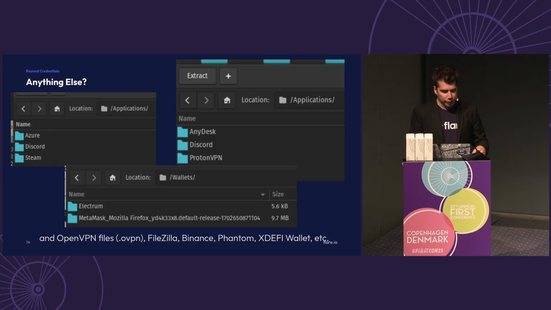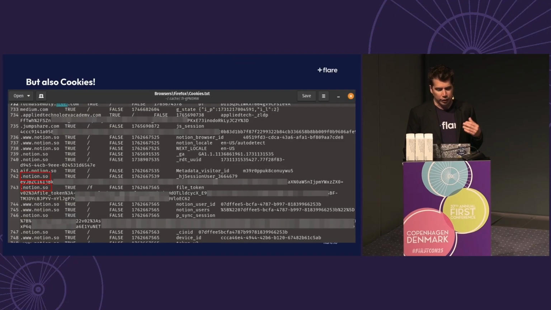Now, anything else? Yes: Azure, Discord, Steam, Electrum, AnyDesk, VPN stuff including OpenVPN, FileZilla, Binance. Lots of crypto wallets are being targeted. Everything is stolen from there. And also cookies. We have billions of cookies from all of the information stealer infections that we found.